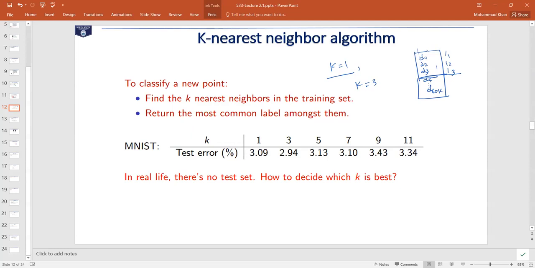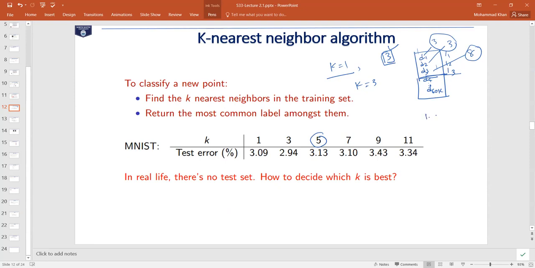So suppose we have an image of 3, and D1 may be the shortest distance for a 3, D2 may be the shortest distance for a 3, and D3 may be the shortest distance for an 8. In that case, we'll get 2 votes for 3, 1 vote for 8, and then we'll consider it as 3. Basically, 8 will be discarded. So it will be a correct classification, because we are taking a majority vote. Similarly, we can take 5 neighbors. That means after taking all the distances, we'll sort them, take the top 5, and let them vote.